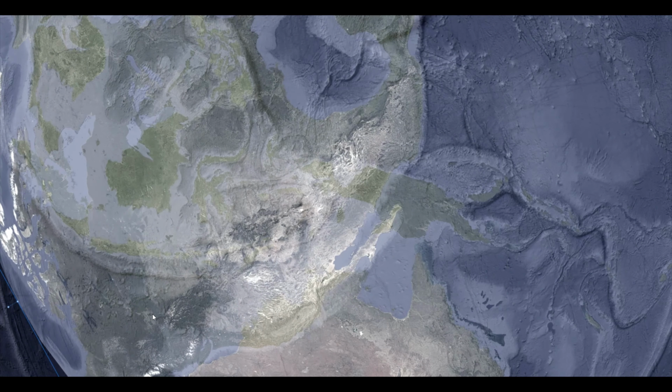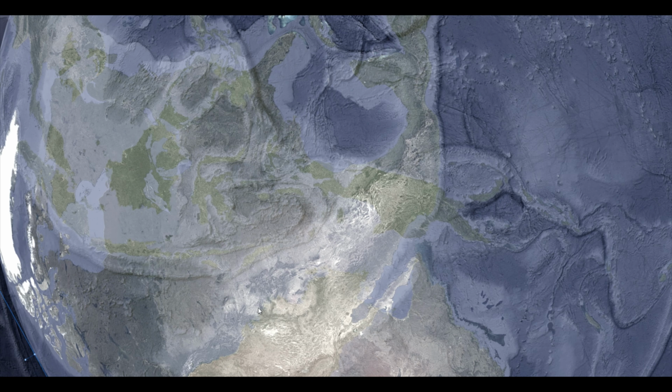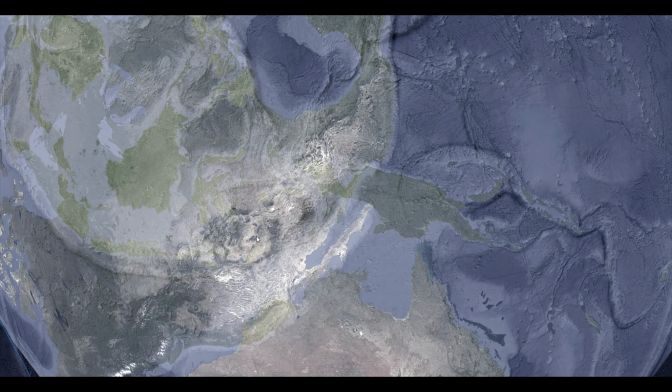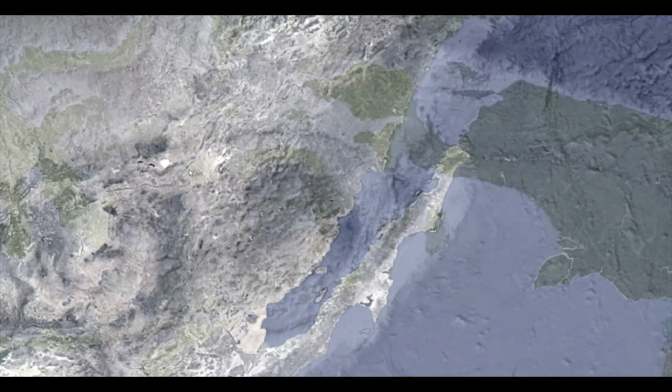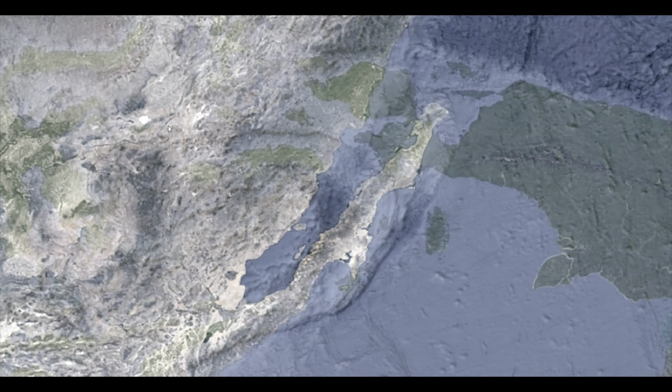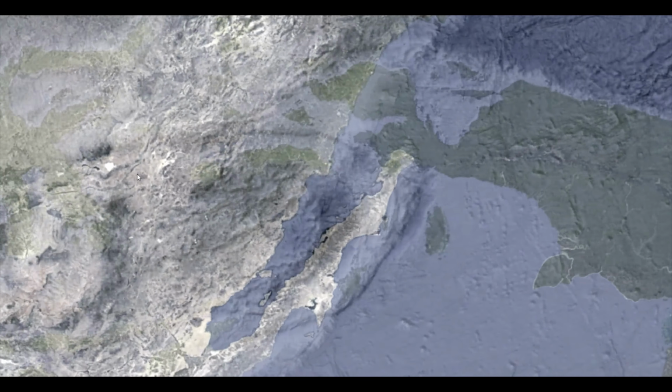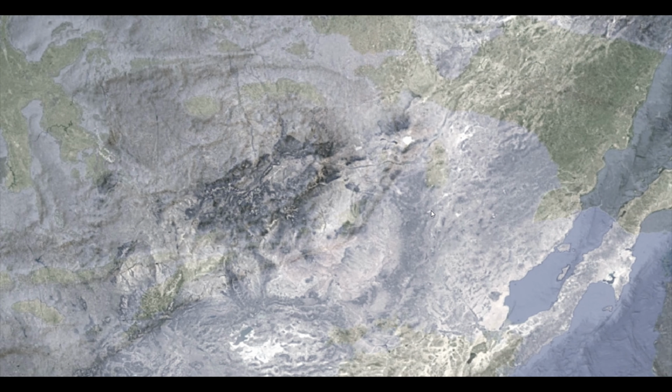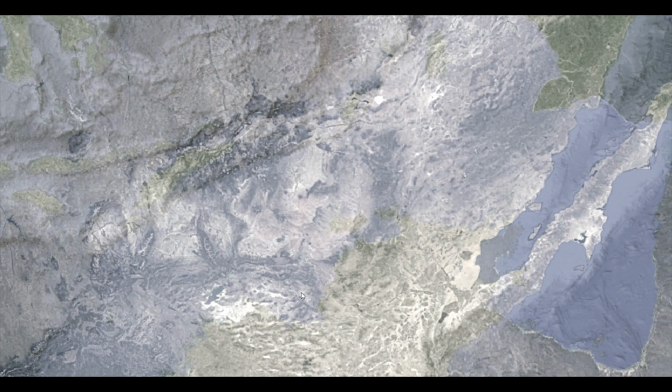See right here? Here's the Yellowstone Park area. The Grand Canyon is going to be right about... Oh, man, it's hard to see. Hold on, I'll find it. It takes me a sec. Oh, I was looking in the wrong spot. This is the Grand Canyon area right here.